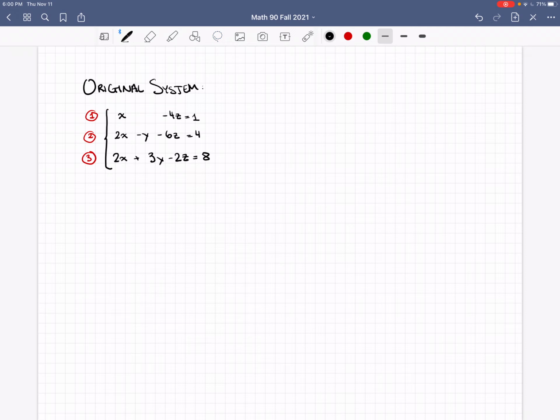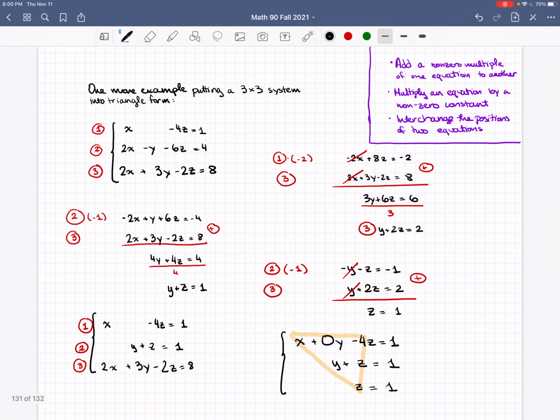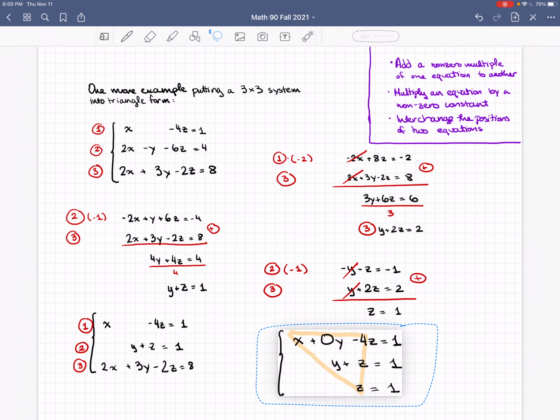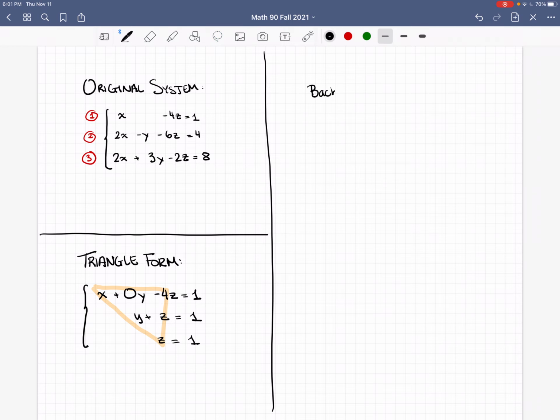And then the triangle form, and I'm going to bring that over from here. Okay, so now I'm going to use back substitution to find the solution. And once I do, I'm going to go ahead and check it.